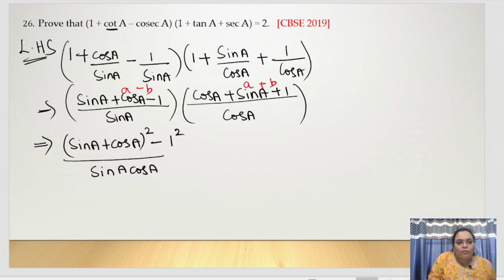Now this is in the form of A plus B whole square.